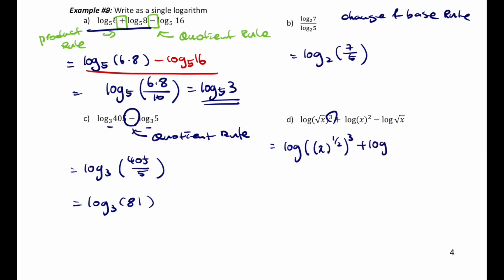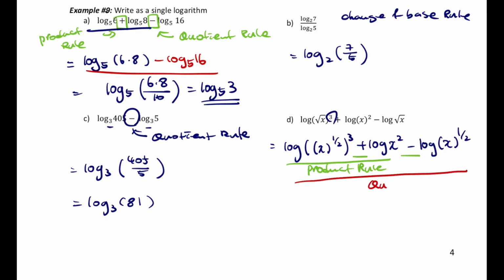And we have log x to the power 2 minus log x to the power 1/2. Okay, then we have positive and negative, meaning we have a product rule here, and we have a quotient rule as the last thing.